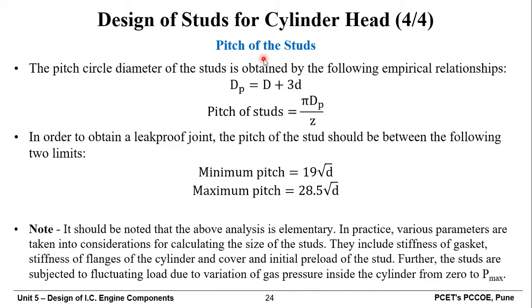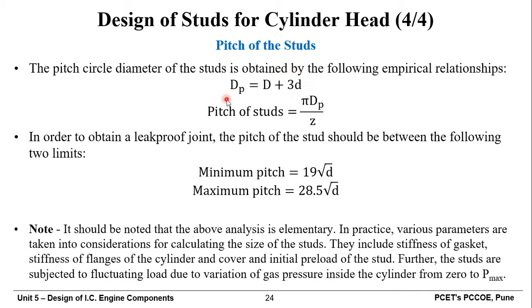Now the last important thing that we need to find out for stud is pitch of the stud. The pitch circle diameter of the studs is obtained by the following empirical relationship, that is Dp is equal to D plus 3d, where Dp is pitch circle diameter of the stud, D is the bore, plus 3d, where d is the nominal diameter of the stud.